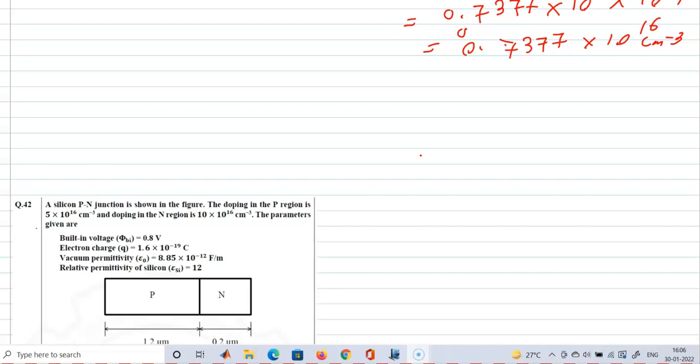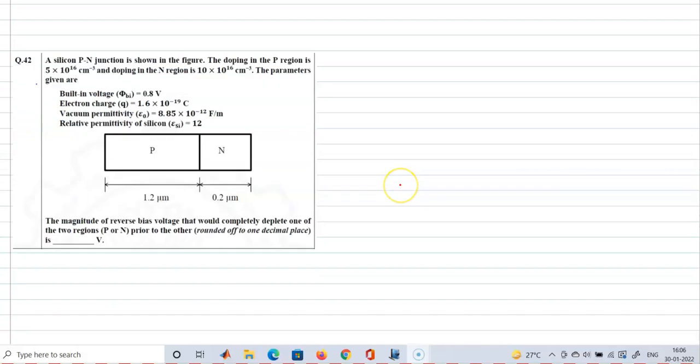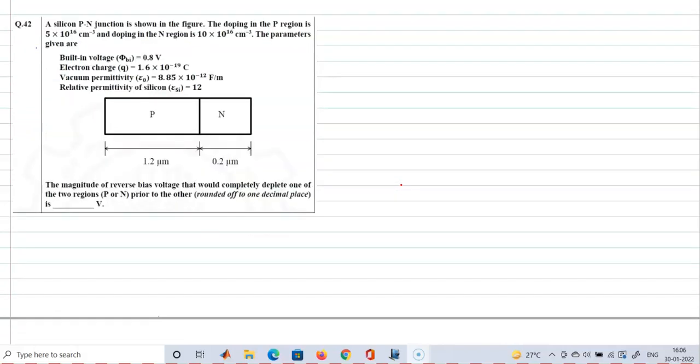Remember that. Next question, question number 42 of the GATE paper. So here a silicon PN junction is shown in the figure. The doping in the P region is 5 into 10 to the power 16, and doping in the N region is 10 into 10 to the power 16.